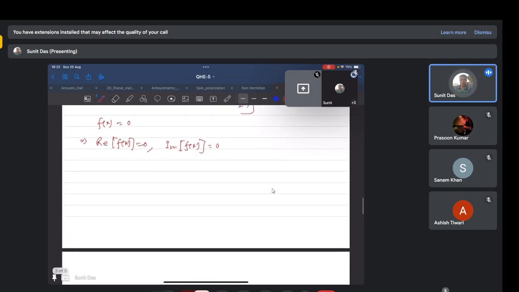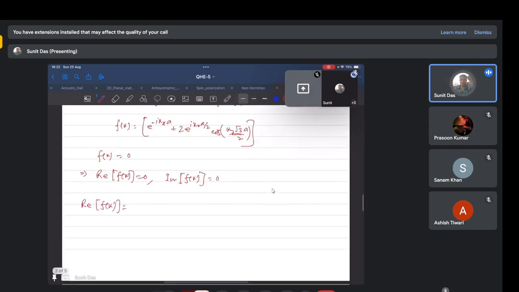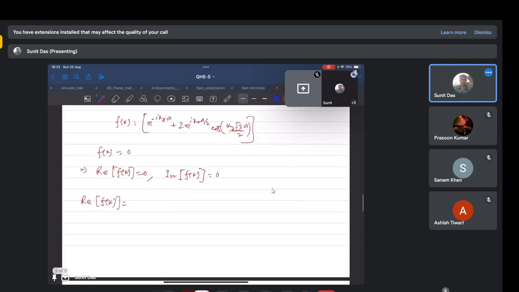So what is the real part of f(k)? The real part of f(k) will be, from this part, cos kxa plus 2 cos kxa by 2 cos ky root 3a by 2 equal to 0.